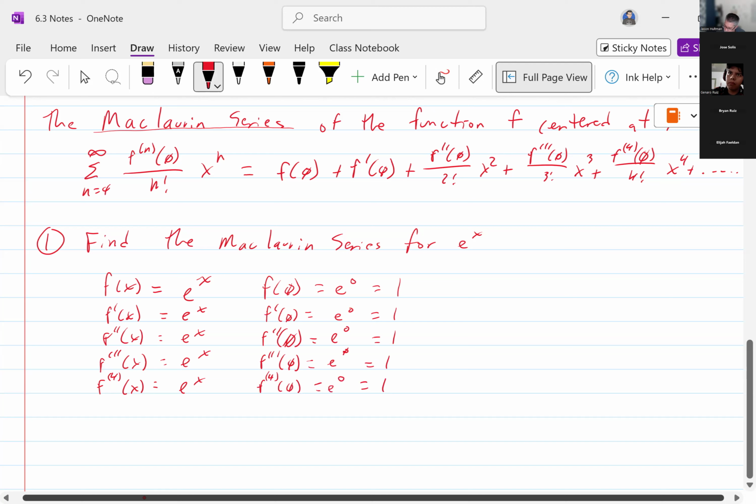Okay, so let's plug this in. e to the x is equal to f evaluated at 0. Well, that's just 1.